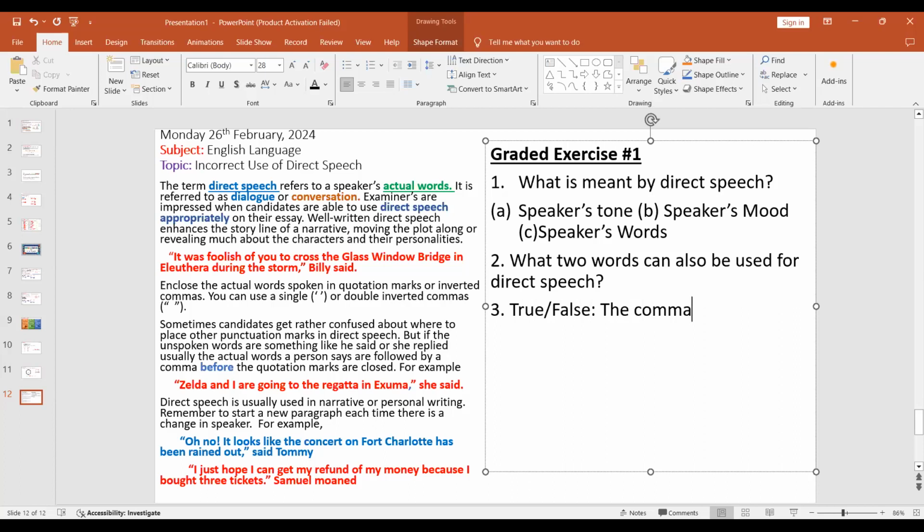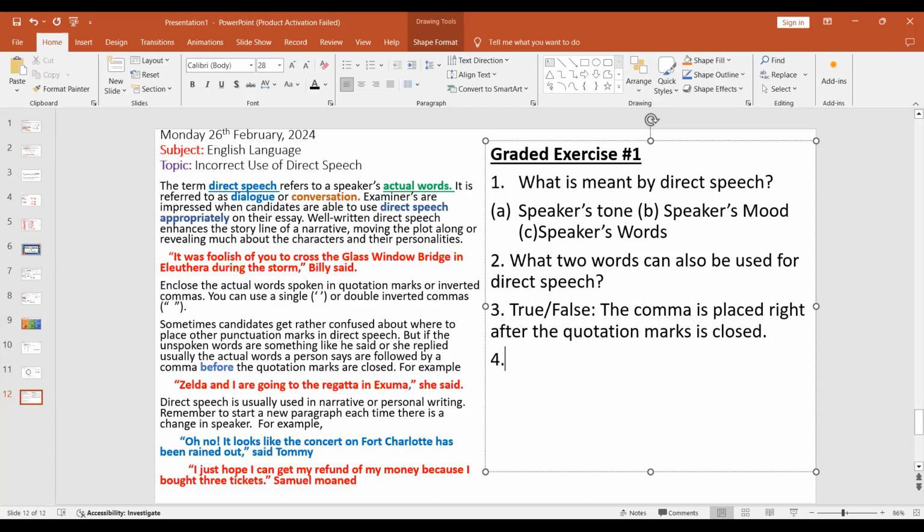Commas are placed right after the quotation marks are closed.